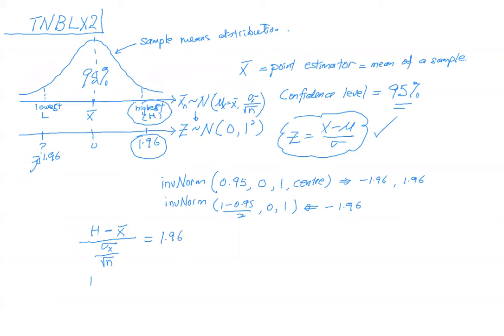So my highest possible predicted value minus my sample mean is equal to 1.96 times the standard deviation of the population divided by square root of n. And so your highest possible value will be your sample mean plus 1.96 standard deviation. So you can predict the highest possible by using this formula.